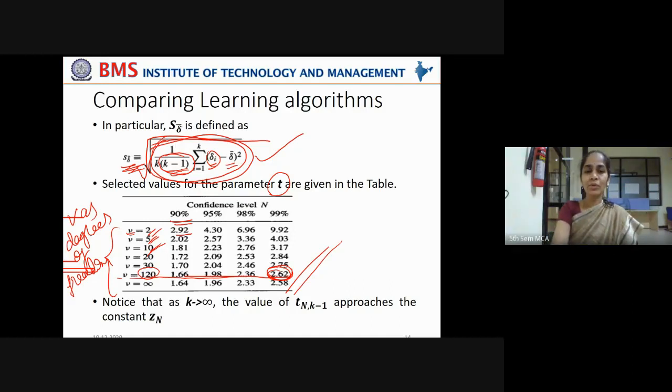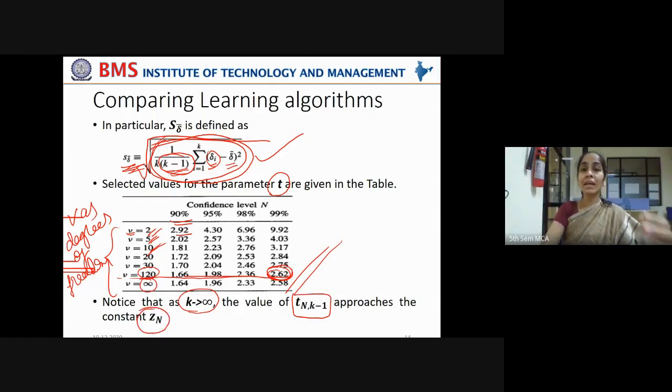Right? Now, notice that in this case we denote v as degrees of freedom in the table, but actually we are dealing with that term as k in our problem, the number of partitions. So notice that as k tends to infinity, meaning as the degrees of freedom goes towards infinity, the value of t_{n,k-1} approaches the constant z_n.